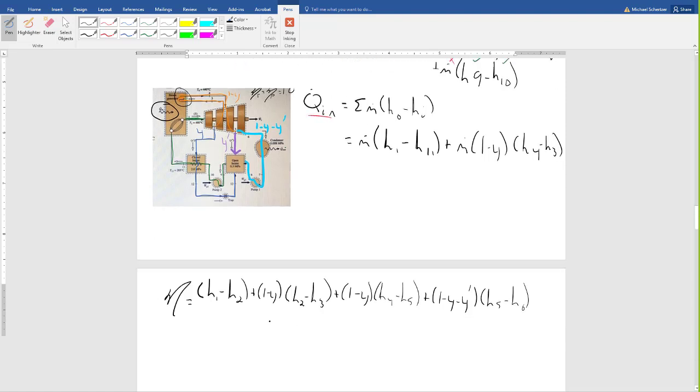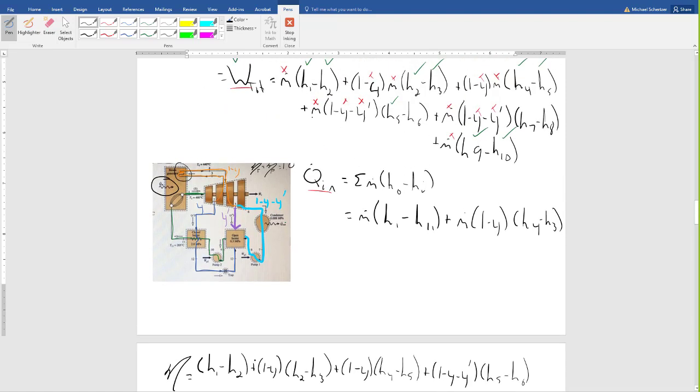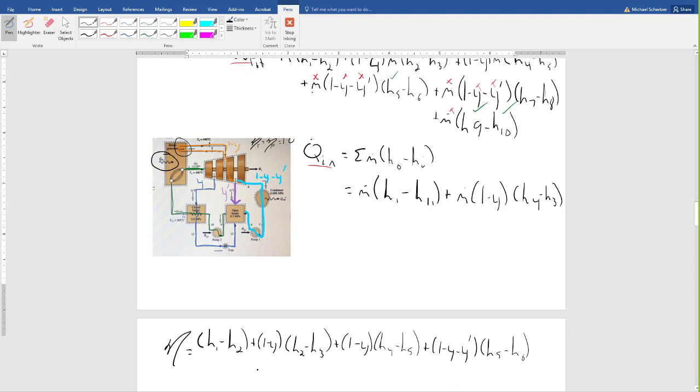Now, these are all still numerator terms. I'm just running out of space. This next one is going to be plus, I did this one. This is also 1 minus y prime, h7 minus h8, plus h9 minus h10.